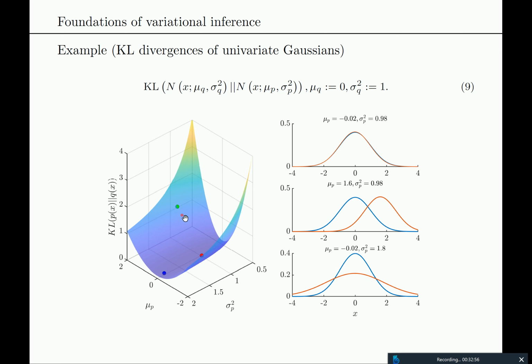So this yellow-greenish dot corresponds to this, and we have a larger KL divergence. They look different, that's the main point. If the probability density functions look more different, then the KL divergence gets larger. Here we keep the mean constant and look at the KL divergence, and it's again larger. So the minimum of this two-dimensional surface is there. Here it's a little bit larger. So that's the KL divergence.